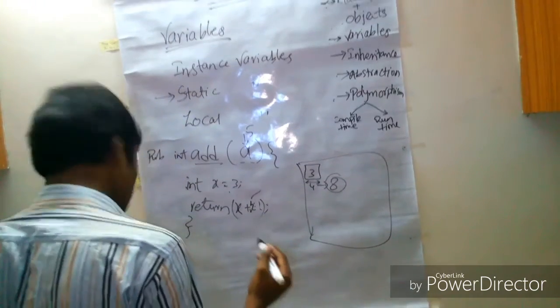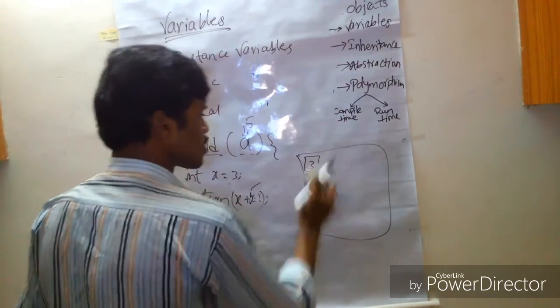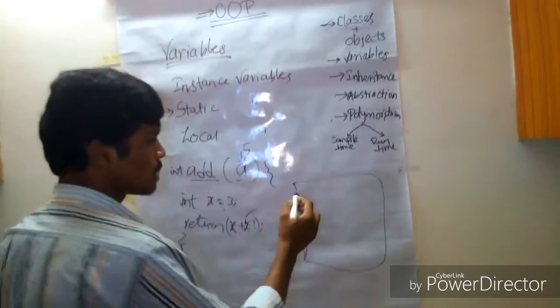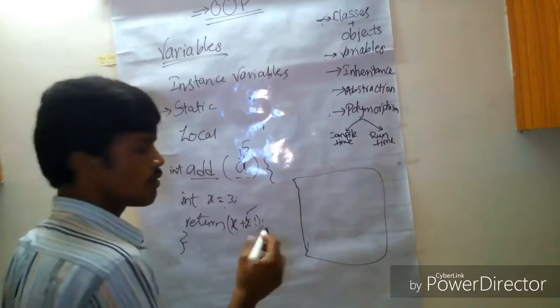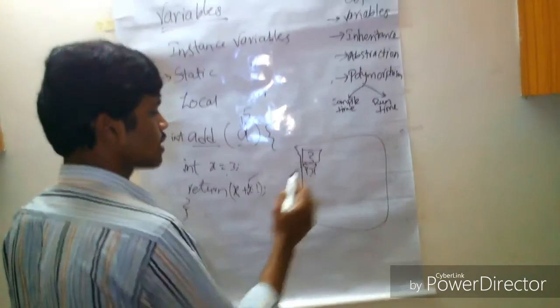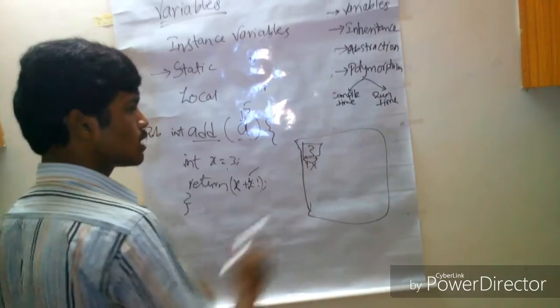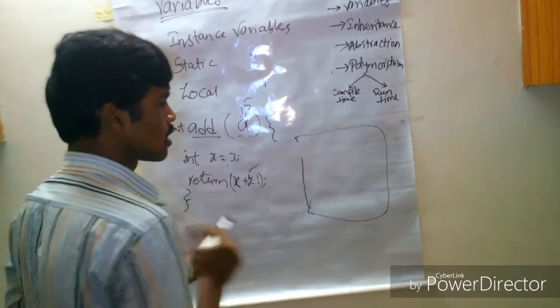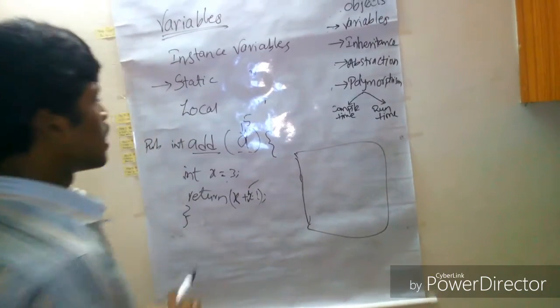As soon as it returns 8 to the main method, it is going to destroy this variable x, which has 4 bytes, so it will not be there.